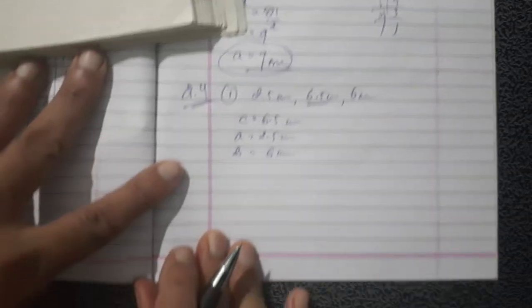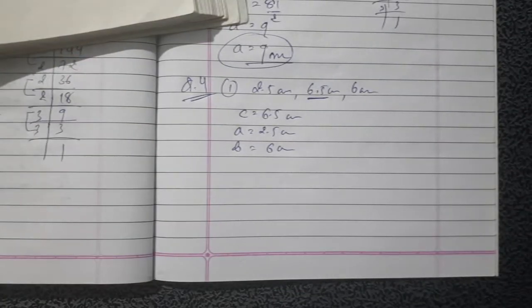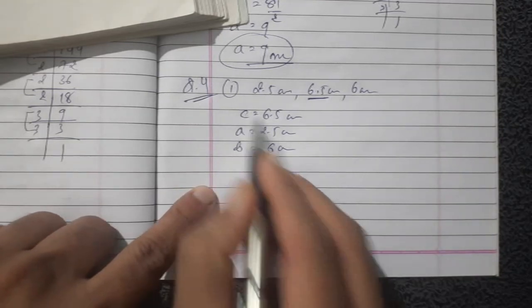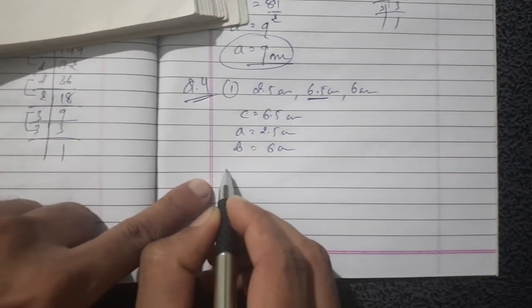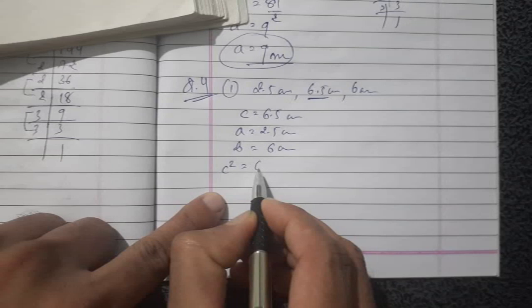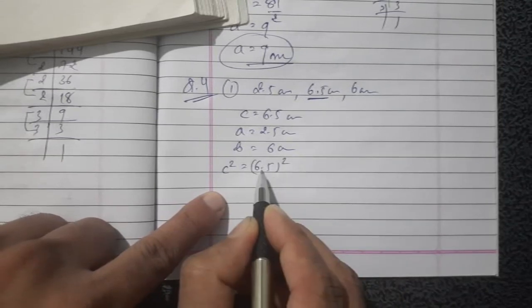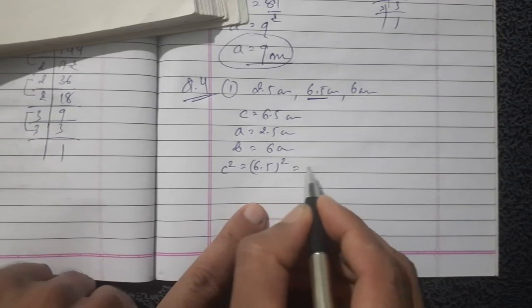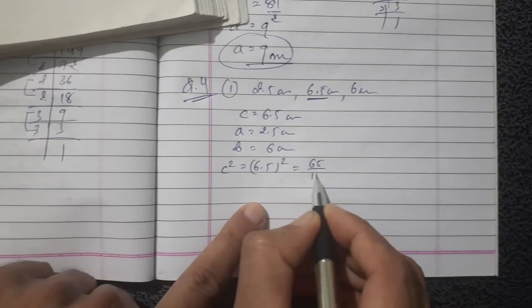Now here we find out the squares of A, B and C. So first we find C square. C square means 6.5 square. Here a decimal is there, so just multiply 6.5 with 6.5. Otherwise, just take 65 upon 10 whole square.